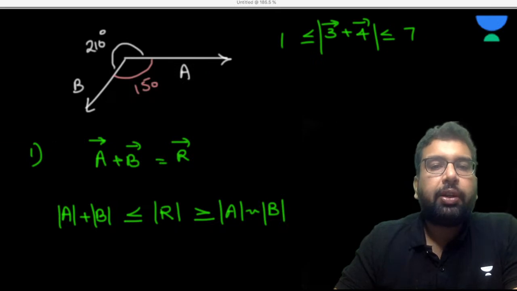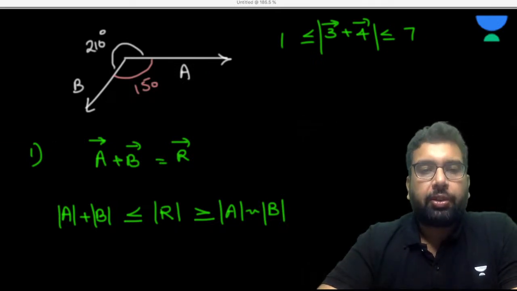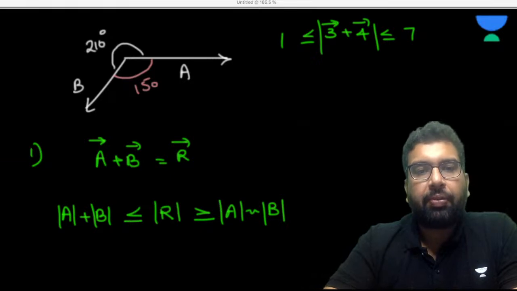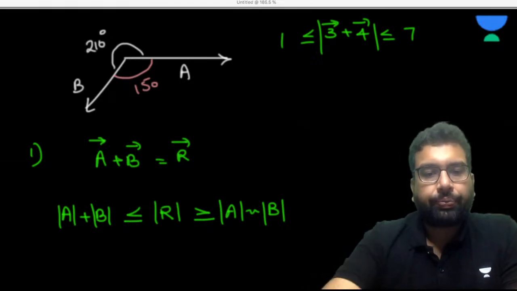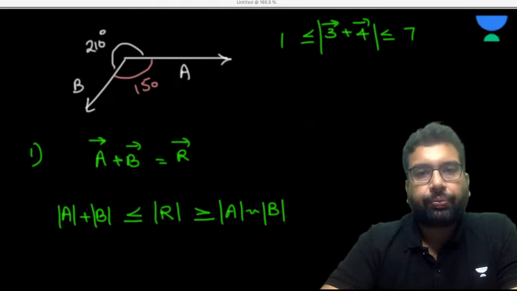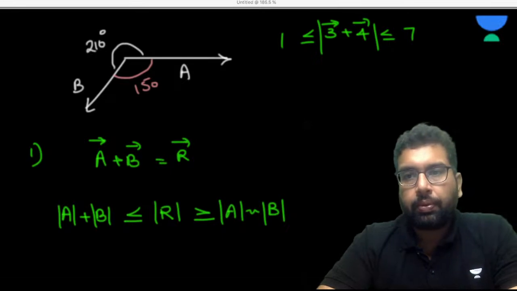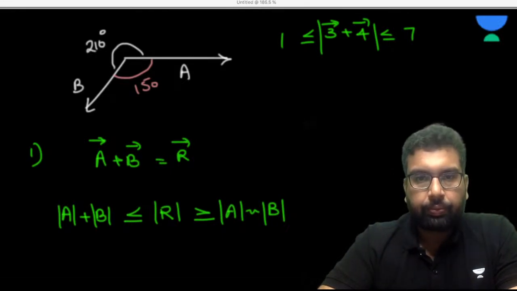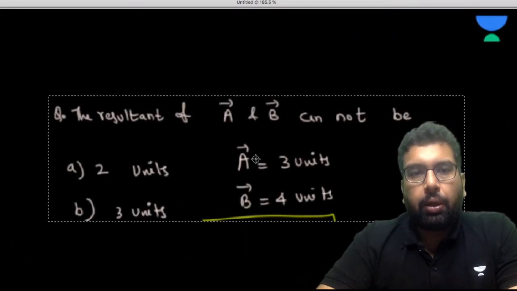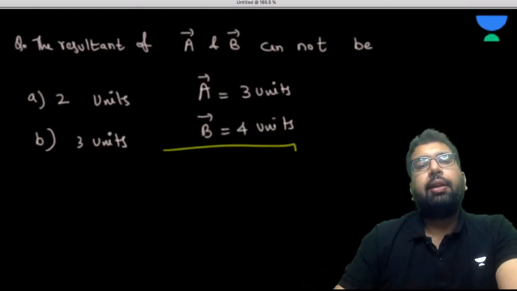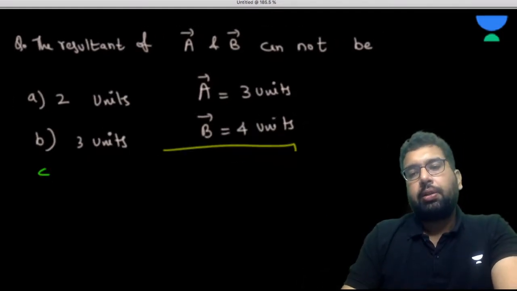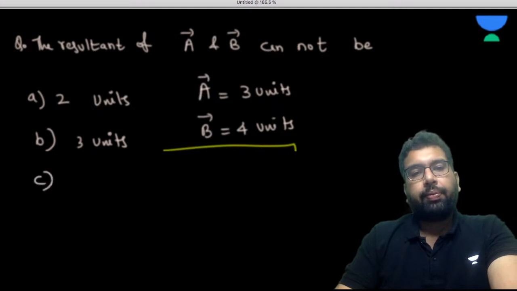Now this is going to lead you to solve a lot of questions. Like for example, let me give you one. The resultant of A and B cannot be... I'll write some more options.